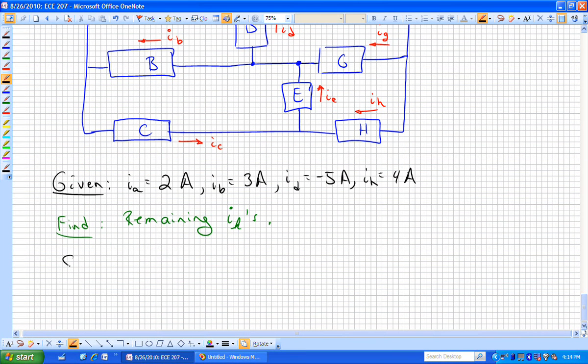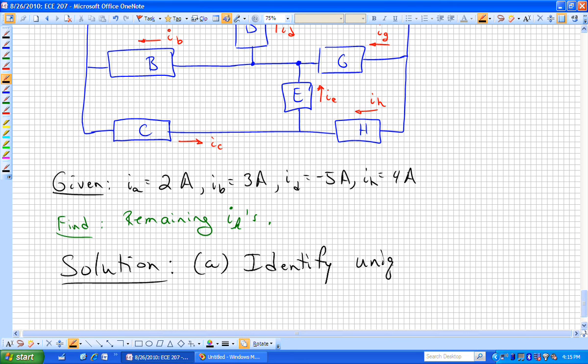Suppose we now say, well, for our solution, let's just start identifying unique nodes. And once we have nodes defined, we can apply KCL.